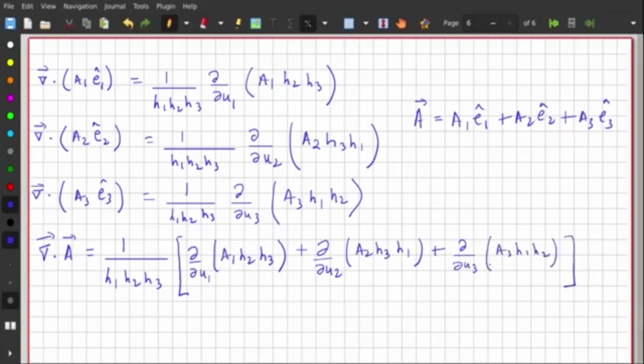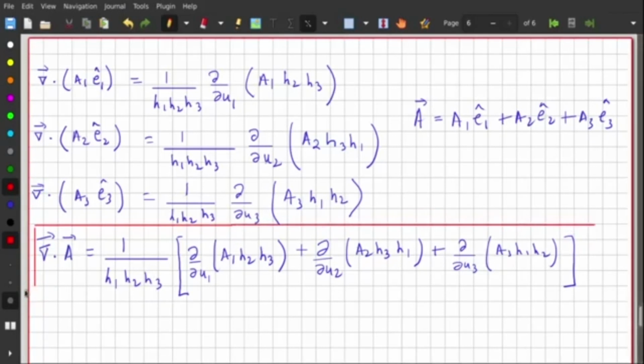So this is the general expression for the divergence of a vector written in an arbitrary curvilinear coordinate system, where h1, h2, h3 are the appropriate scale factors in the 1, 2, 3 directions respectively.